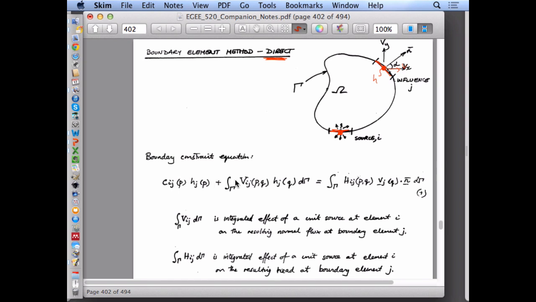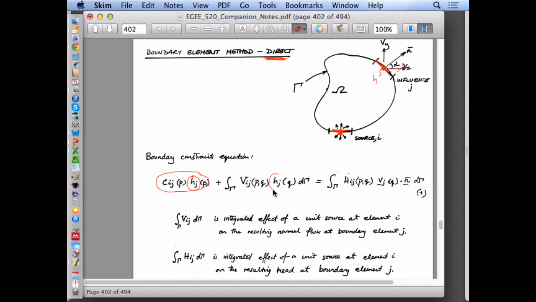And this boundary constraint equation, for one particular influenced node, looks something like this. It has a free term on the front, multiplied by the magnitude of the head at that influenced location. And it has an integral, which is the product of two things.